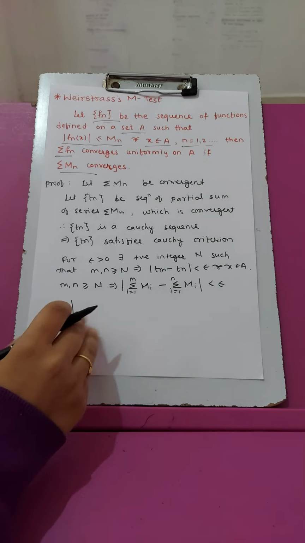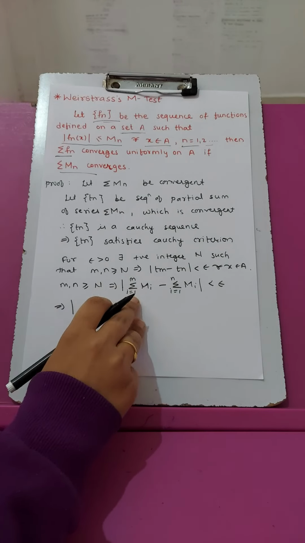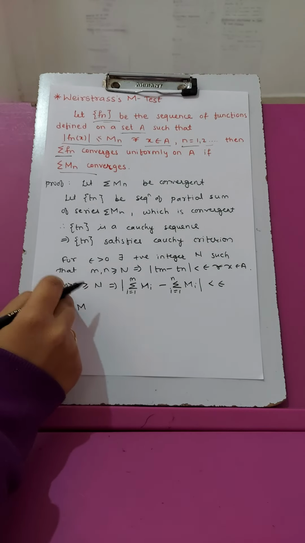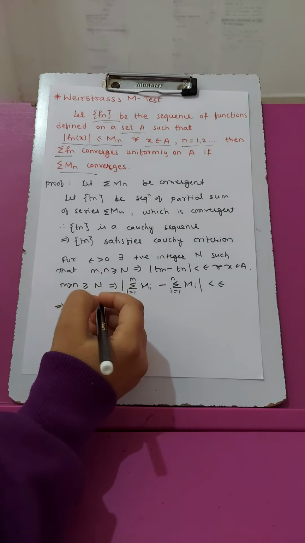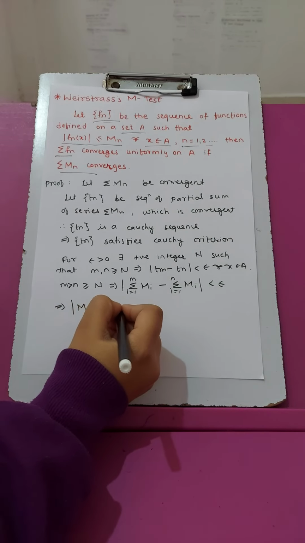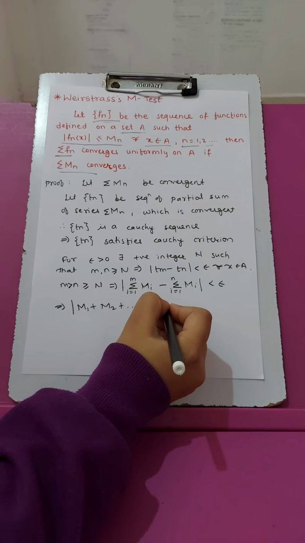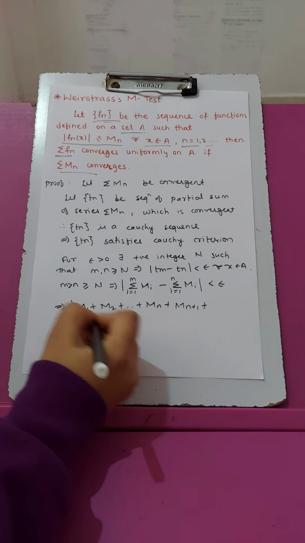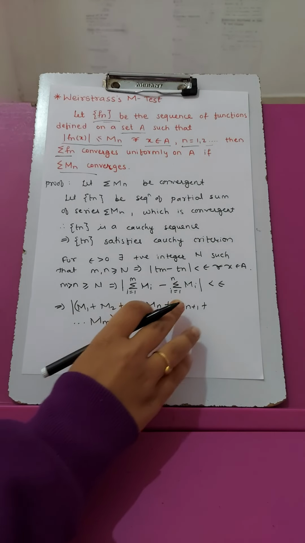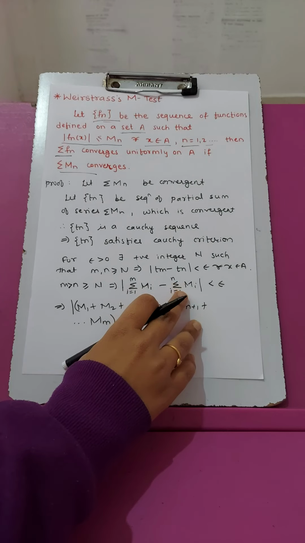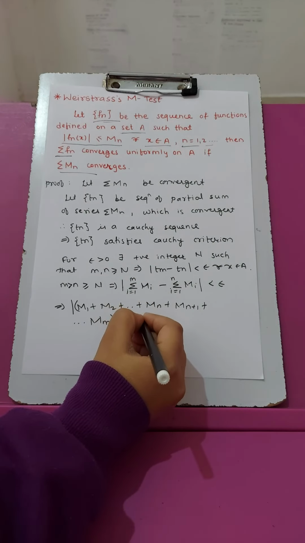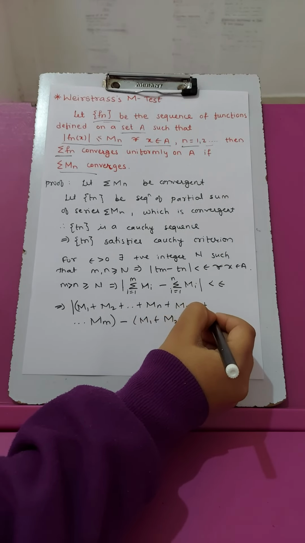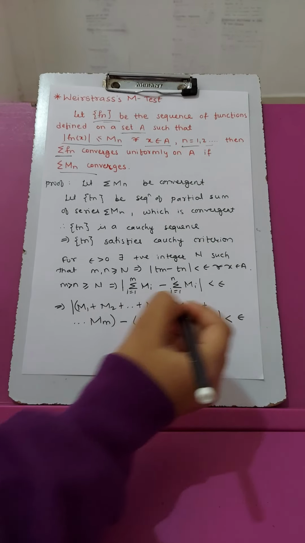So this implies that we will arrange this summation Mi from 1 to m, where m is greater than n and n is greater than capital N. So (M1 plus M2 up to Mn plus Mn plus 1 up to Mm) minus the summation i from 1 to n of Mi, that is M1 plus M2 up to Mn, modulus, is less than epsilon.